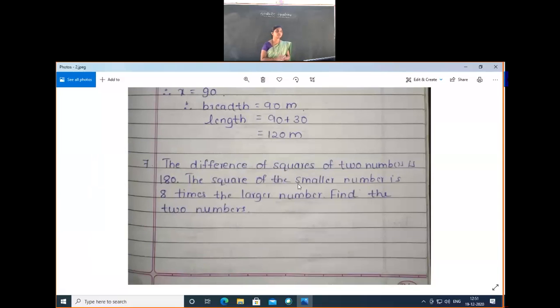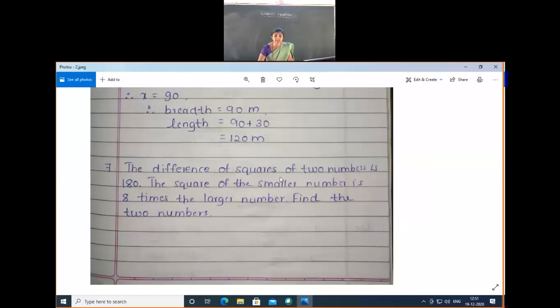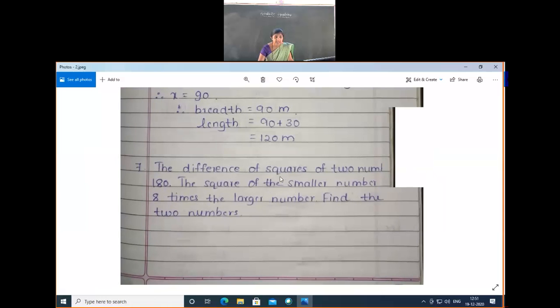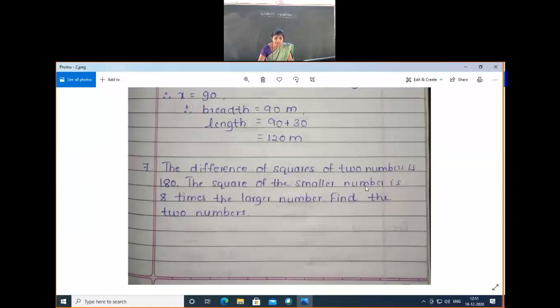So the 7th question is like this. The difference of squares of two numbers is 180. The square of the smaller number is 8 times the larger number. Find the two numbers.